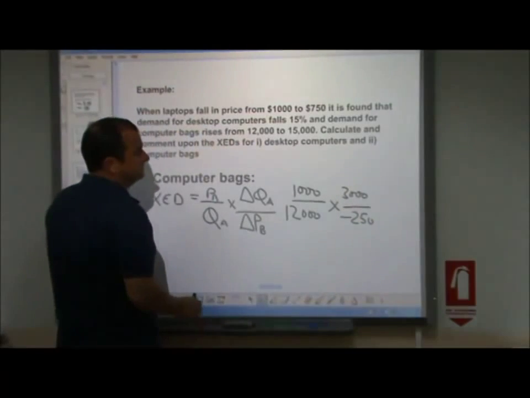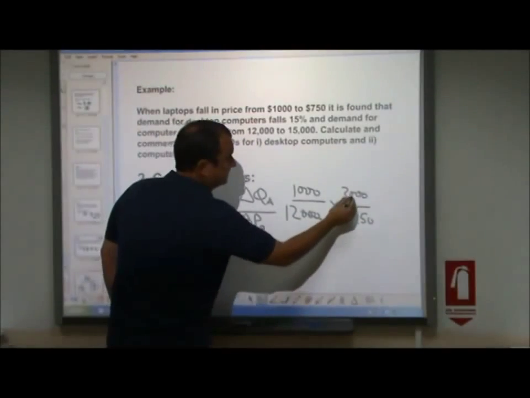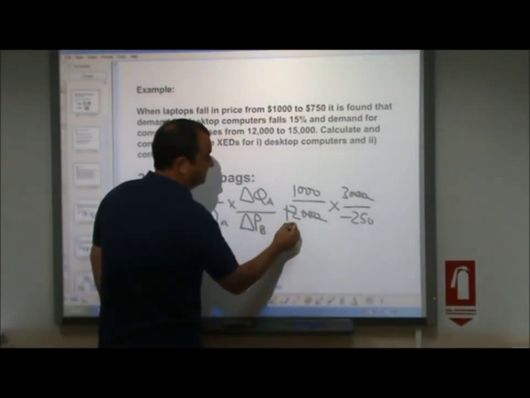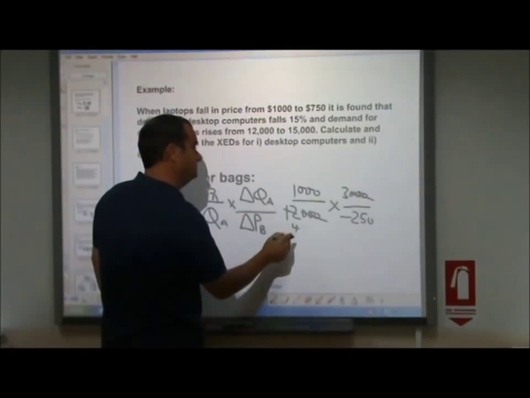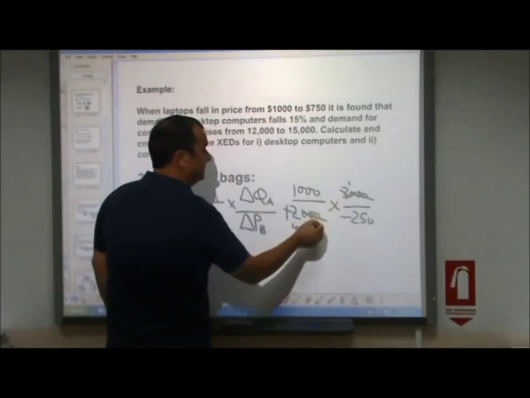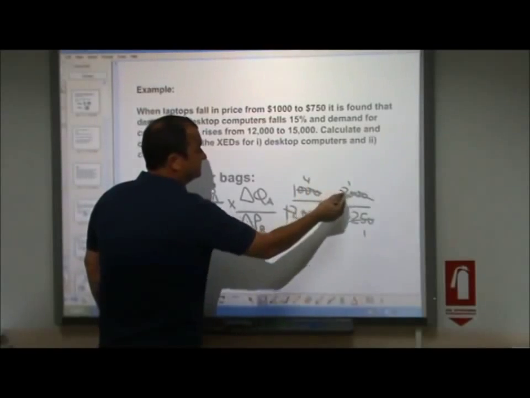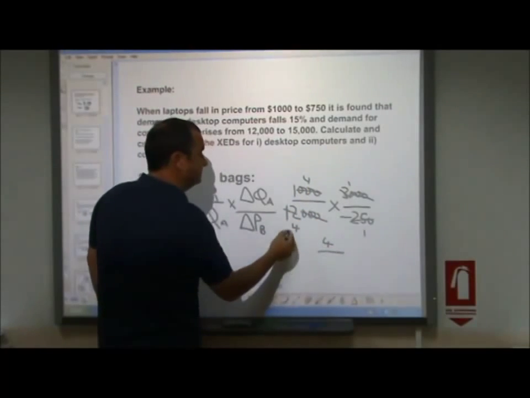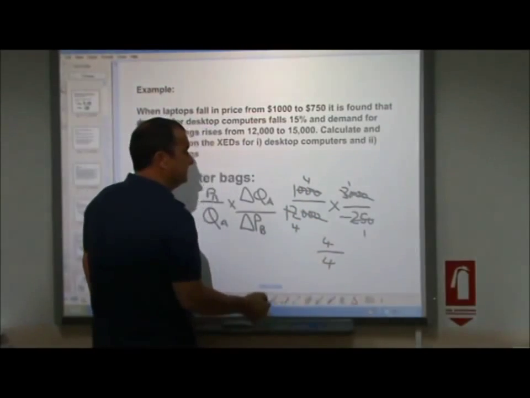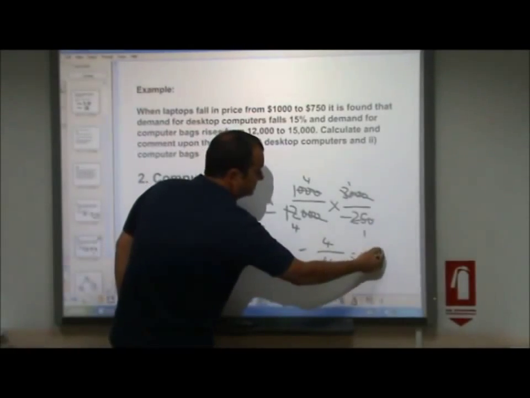Right, I can do some cleaning up here, and that can become 4, and that's 1, and here I can make that 1 and that 4, so 4 over 4, very good, that's negative, equals minus 1.